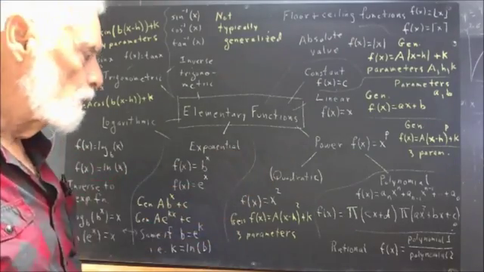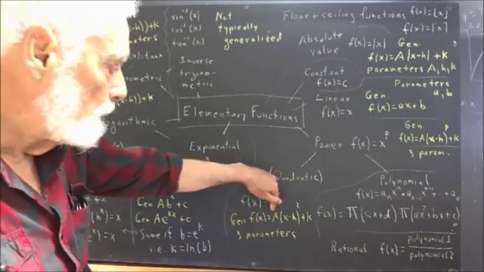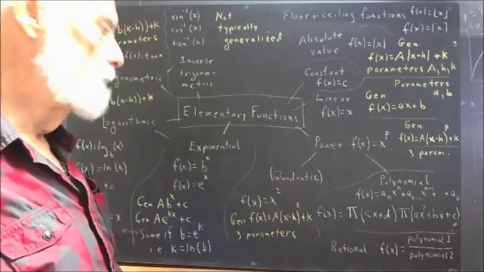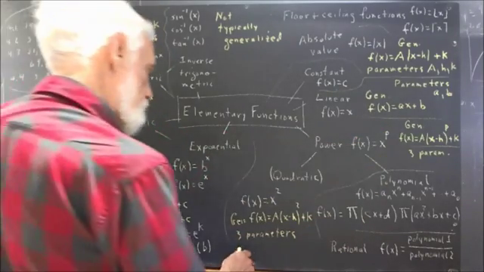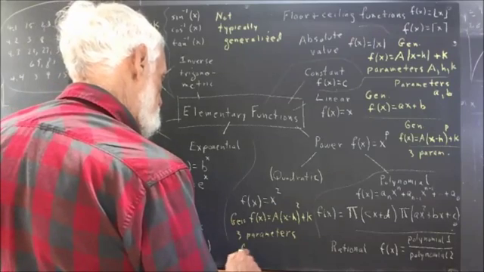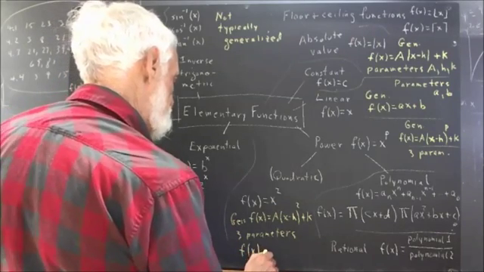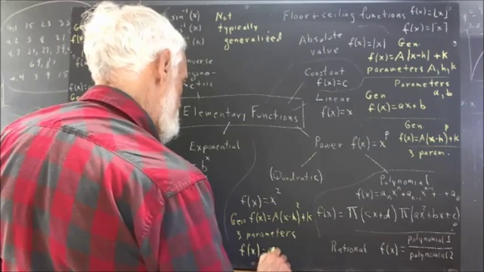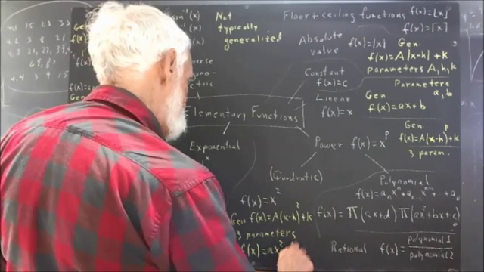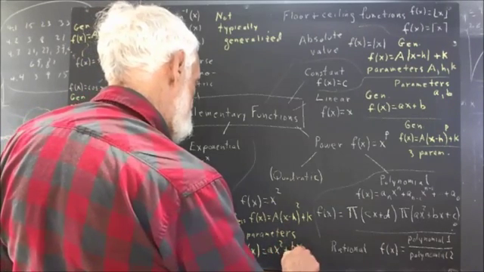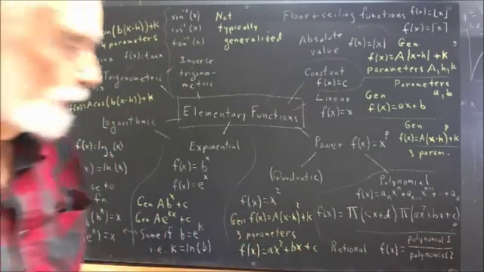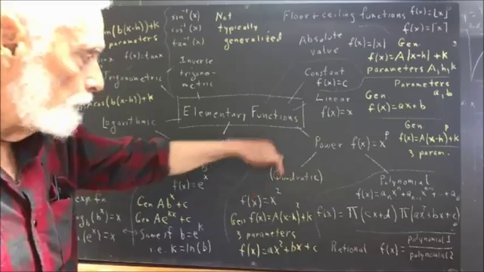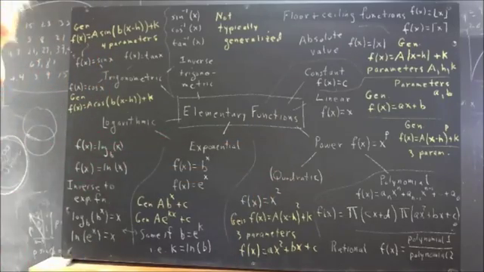Now you have quadratic functions. When you generalize a quadratic function, you use the same three parameters that you would for a power function. Also there's another form that's more familiar: f of x equals ax squared plus bx plus c. This is something we'll call the vertex form. The graph of a quadratic function is a parabola.